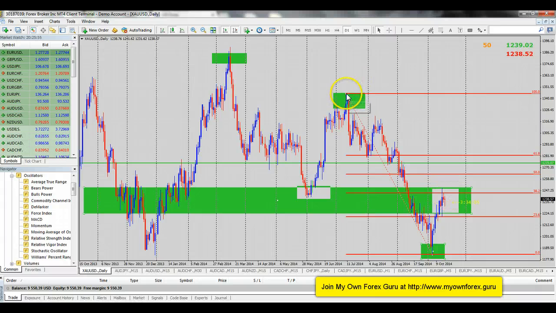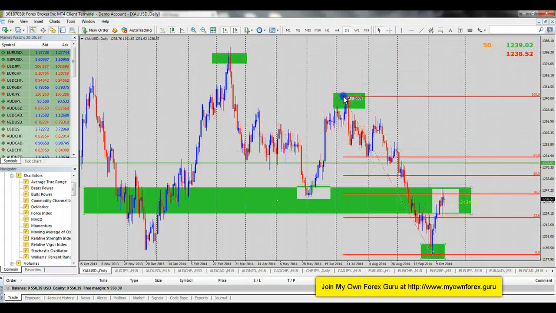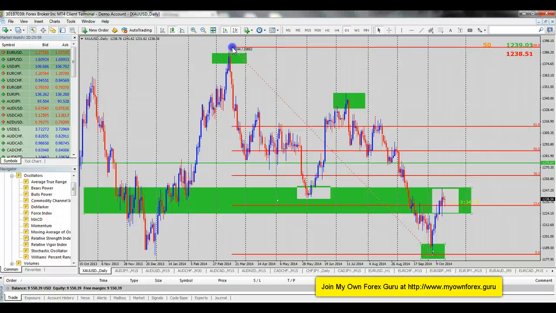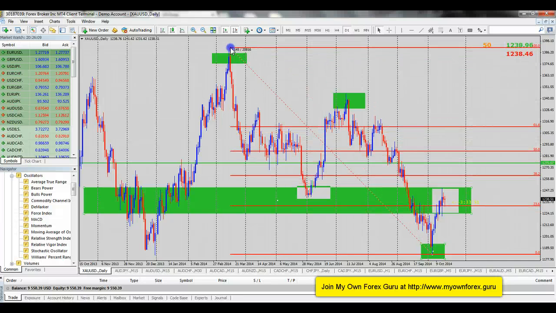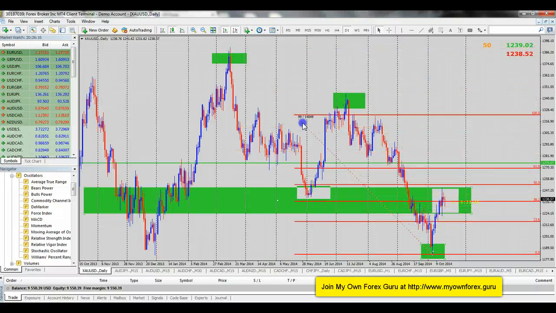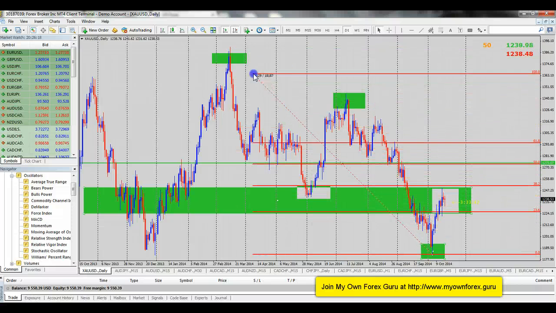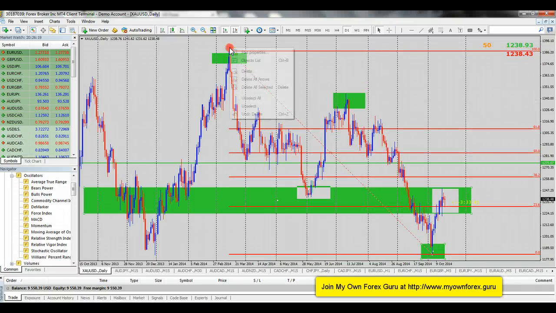So you can move this top around here, and you can see that now when we throw in an indicator, we might see that we're right at an overbought position, and this might be as far up as it's going to go. So if we measure from here, it's almost a 38.2, or it's a 23.6.